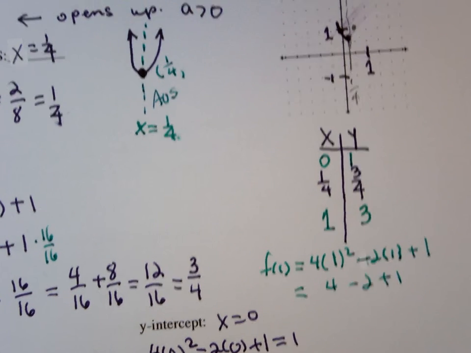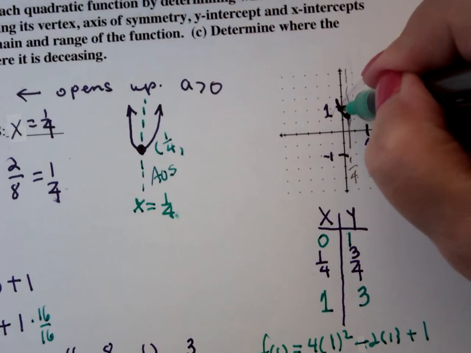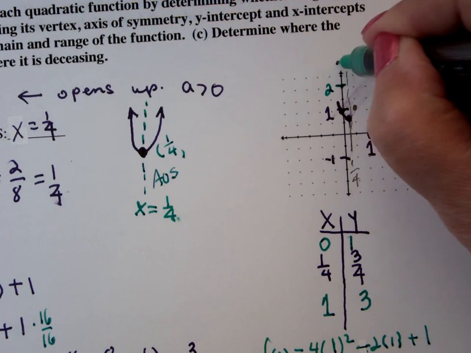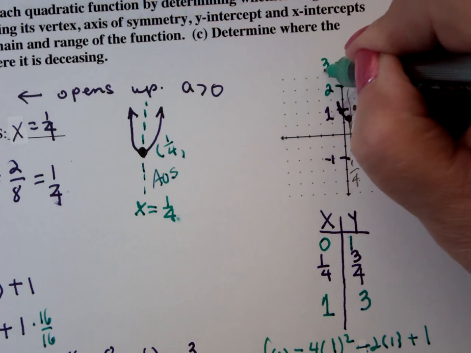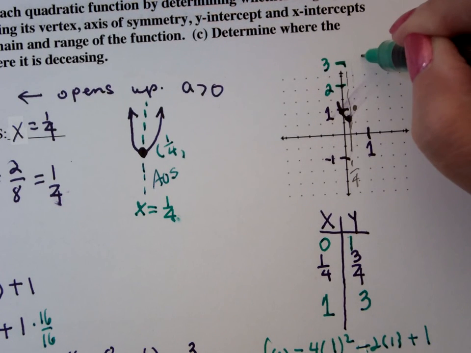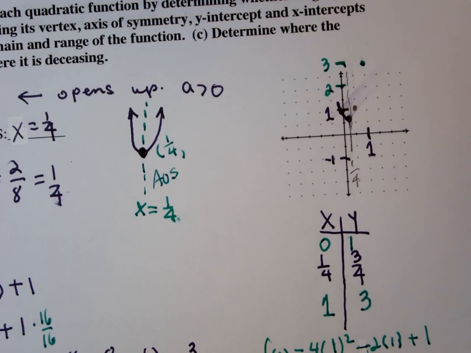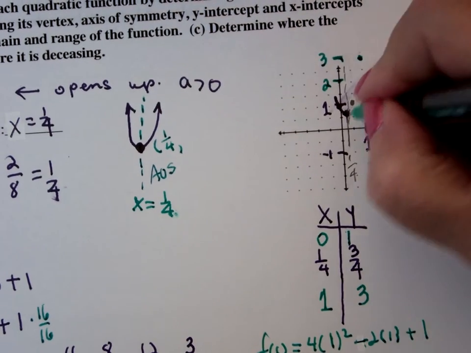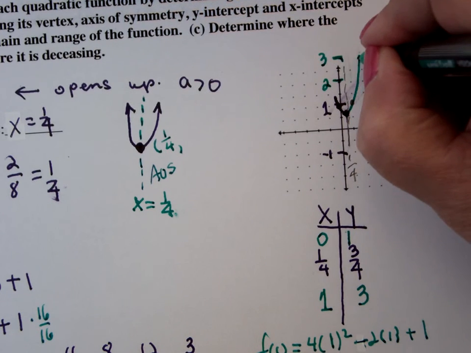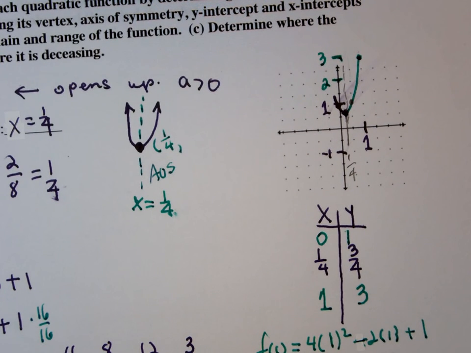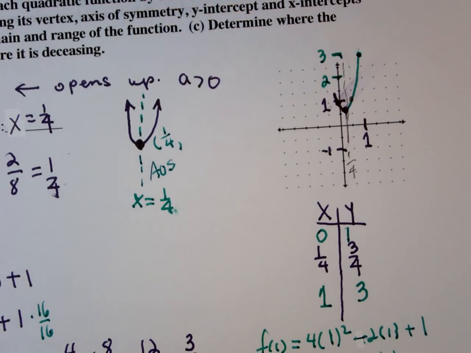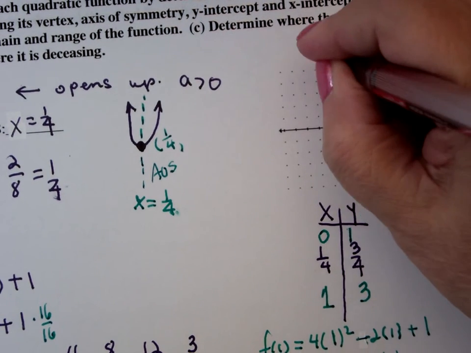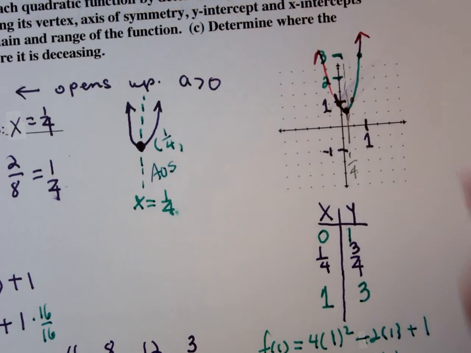Now I'm off my graph paper, because if this is 1, 2, this is 3. But do I care that I'm off my graph paper? No. So now I can graph the other half. And then what I know is that the arms continue to go up, and I can kind of finish that graph off.